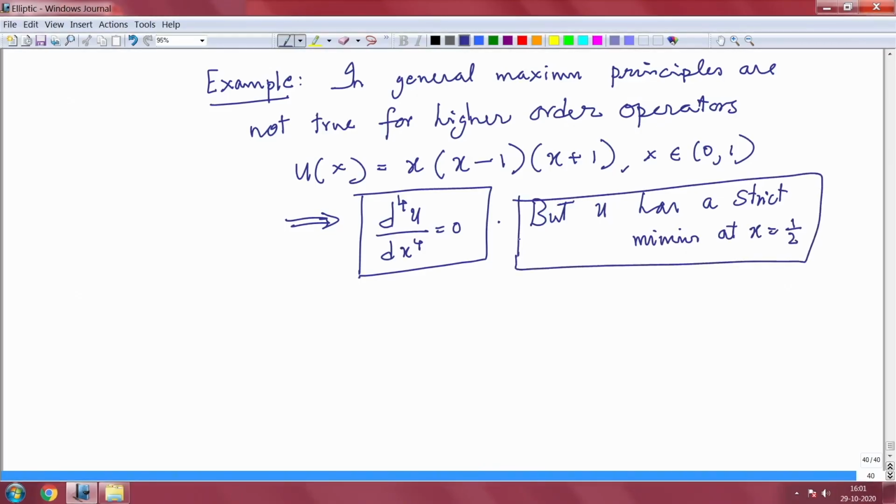So, you see, even in the one variable case, this maximum principle is not true. The other result is also an example, but it is more like a theorem.